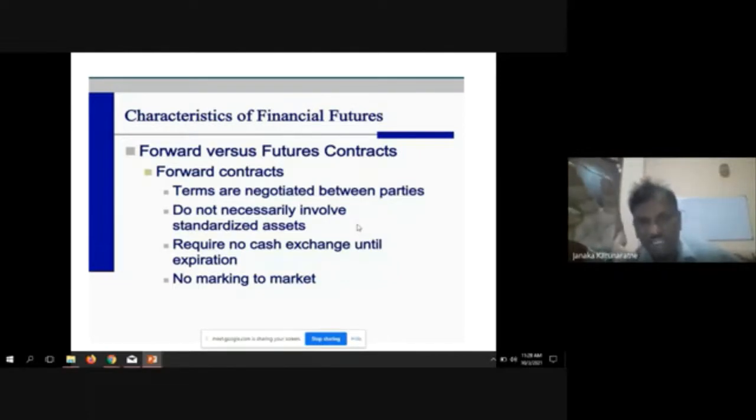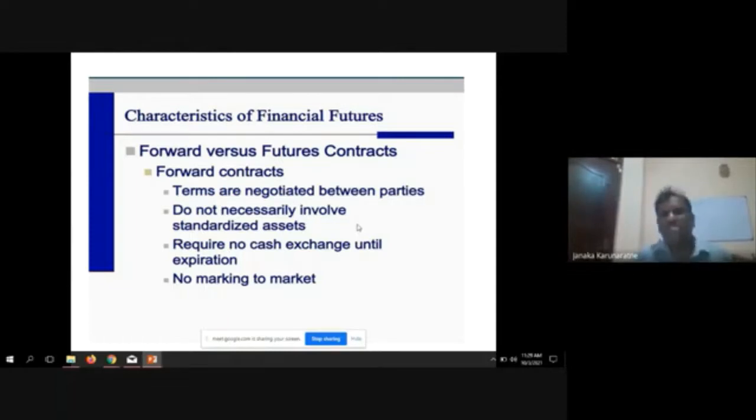But forward contracts are over the counter, off the market, and it is up to the two parties, the buyer and seller, to negotiate the terms and conditions and match their requirements. So it may not necessarily involve a standardized asset. And like futures, there is no exchange of cash until expiration, and also no mark to market.